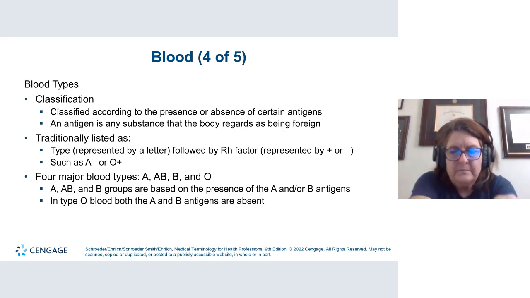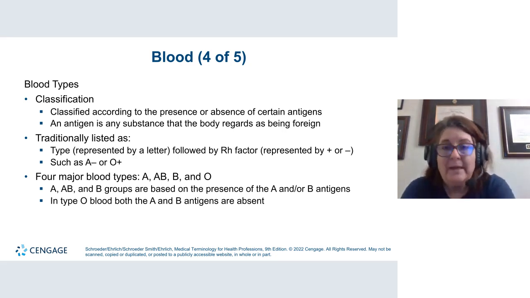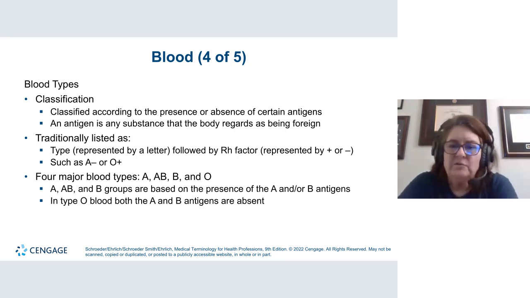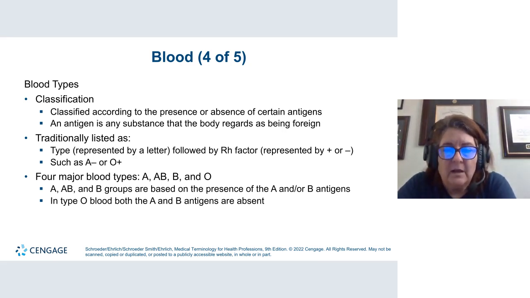Different types of blood. People are like, oh, I'm A positive or I'm O negative. It just depends upon the type of antigens and whether certain antigens are on the blood. Like O positive blood is the universal donor.